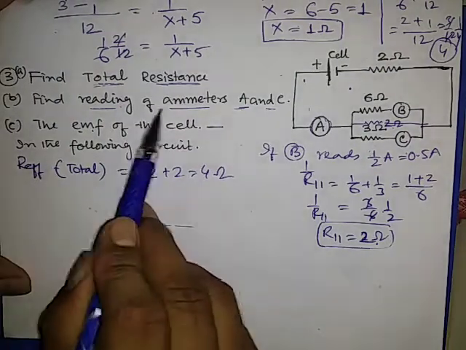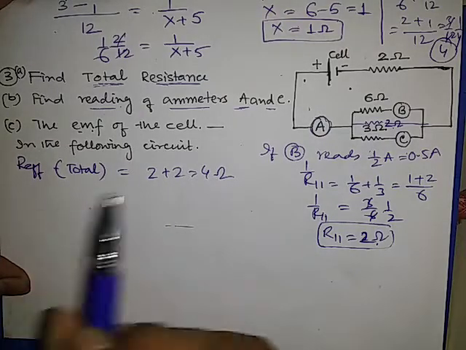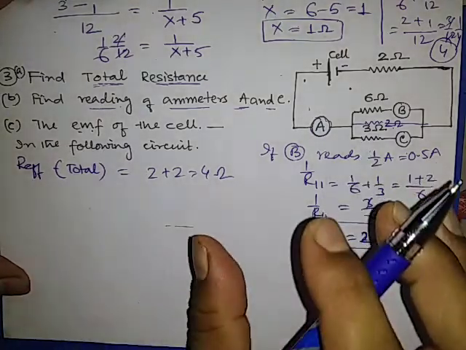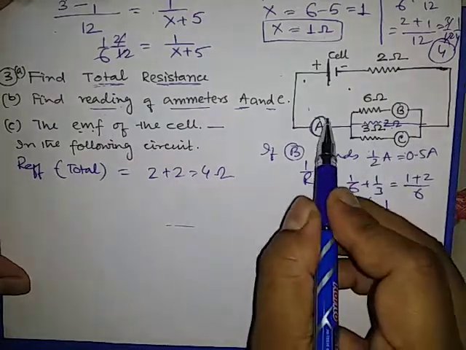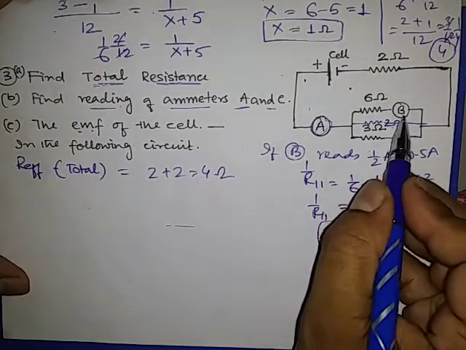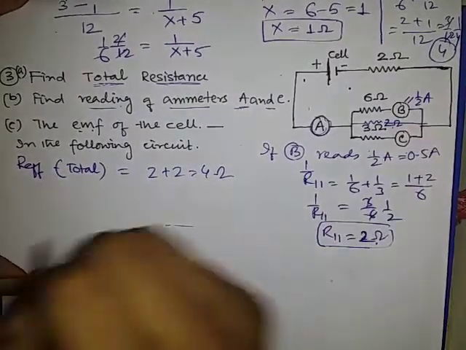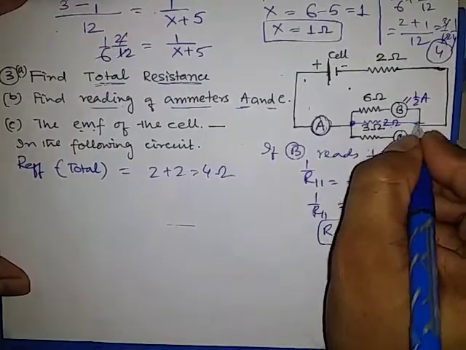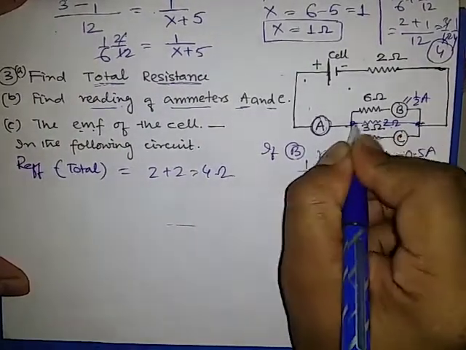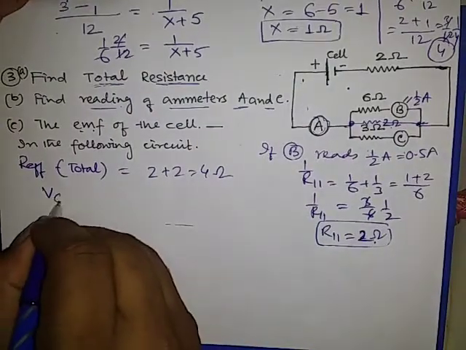Next, find the reading of ammeters A and C and the EMF of the cell. So you have to find out the total current. Total current means ammeter A. So how much is the total current? For that, if B reads half ampere, you can calculate the potential across 6 ohm.